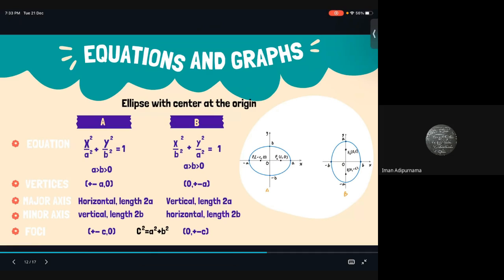So here we see the differences between when the major axis is horizontal or vertical. We have to remember that a will always be the major one. In the first equation, we see x squared over a squared plus y squared over b squared equals 1.